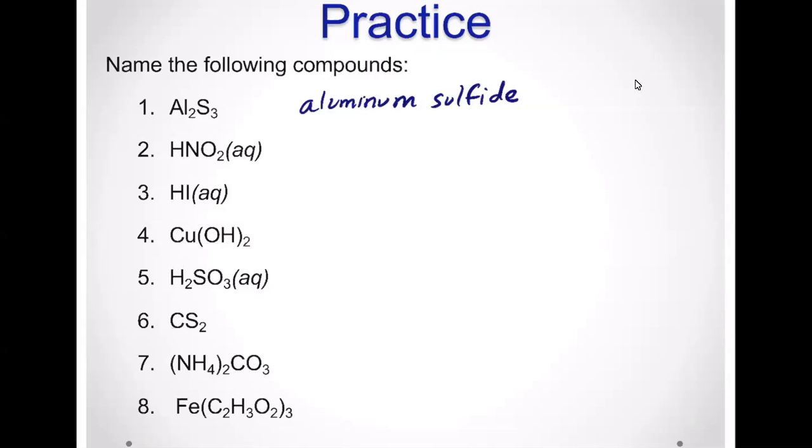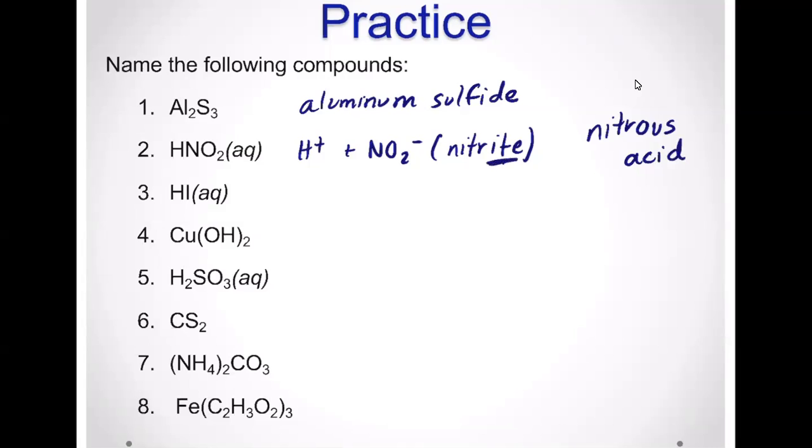All right, the next one, number 2, you have an acid, and we see that it's between H plus and NO2 minus. You have to know the name of that one, which is nitrite. It ends in "ite," so it would become nitrous acid, because it ends in "ite."